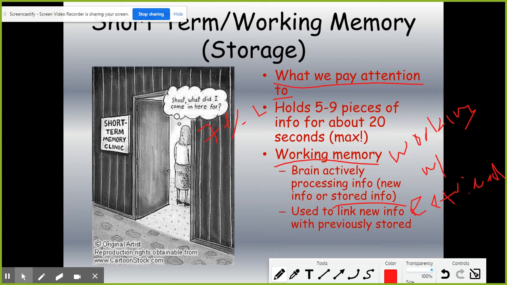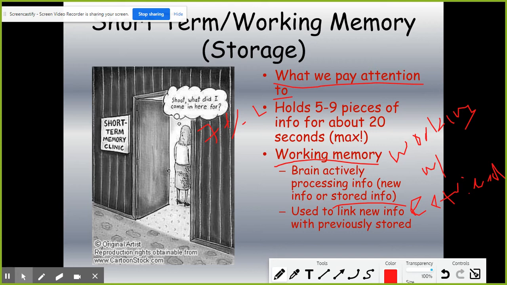But one of the things with short-term memory is, how often has your mom asked you to do something and you hear and you're like, oh, okay. And then you look at your phone and then 20 seconds later, you're like, I have no idea what I was supposed to do.